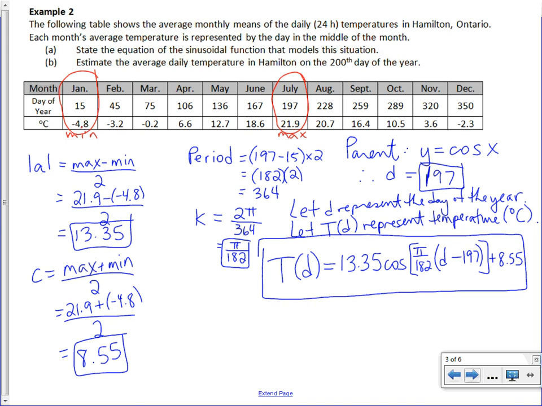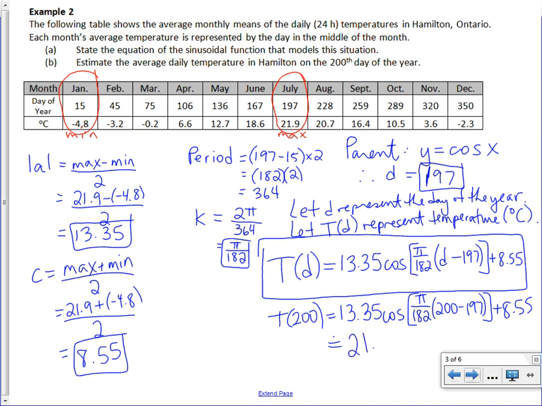Okay, and so now could you use it to find the temperature on the 200th day of the year? 13.35 cosine, open bracket, pi over 182, close bracket, 200 minus 197, close bracket, plus 8.55, 21.882 degrees Celsius.